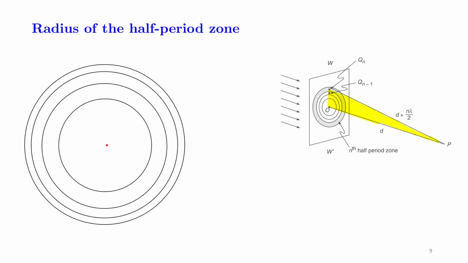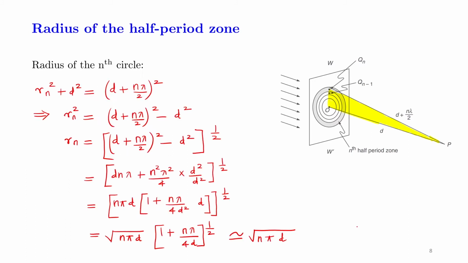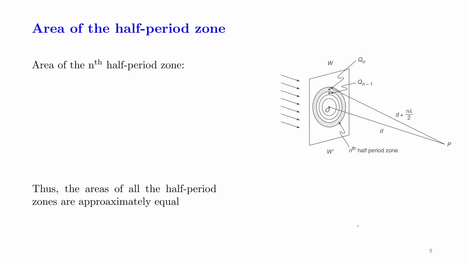In a half period zone, this distance is the radius of the first zone, and this is the radius of the second zone. This is the radius of the third zone, and let's take this as the radius of the nth zone. We'll now try to find out the area of the nth half period zone.